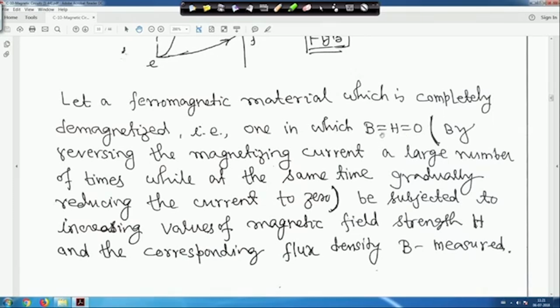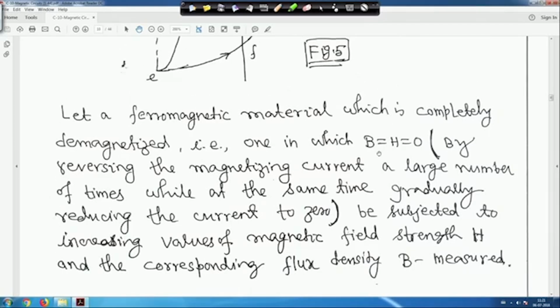So you make B equal to H equal to 0 by reversing the magnetizing current I a large number of times, while at the same time gradually reducing the current to 0. That means several times you have to reverse the direction of the magnetizing current, and at the same time gradually reduce the current to 0.